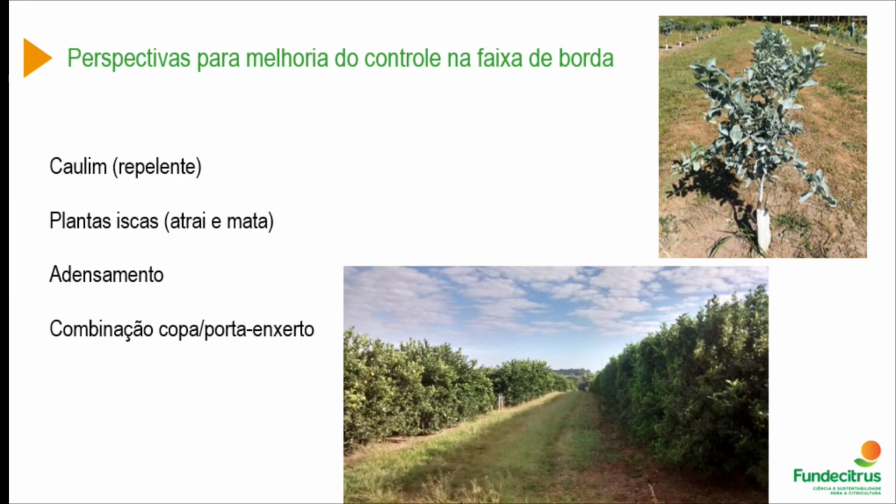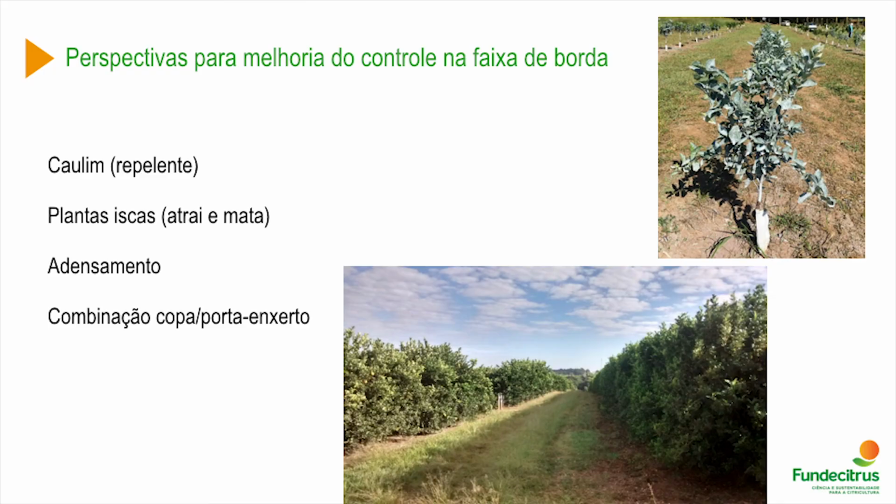And here we have perspectives about frequent border spraying, preparing the border for that type of control. Marcelo will talk more about that tomorrow. The choline, how we can work. We could be using choline at the border of the farm as a repellent of psyllids, or bait plants, thinking about the strategy of having a barrier of plants that would be attractive here.